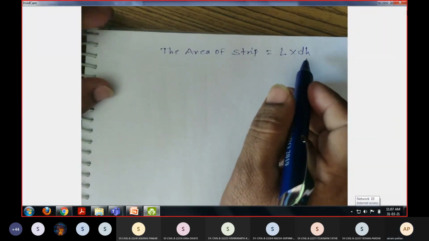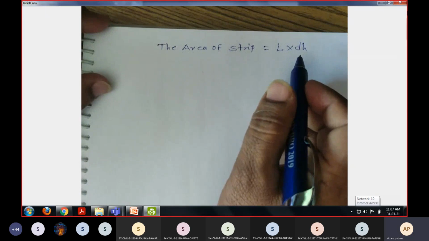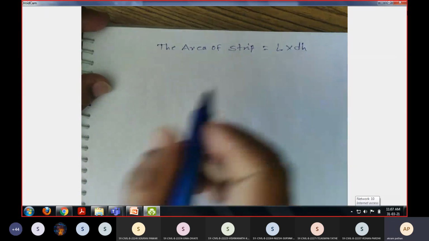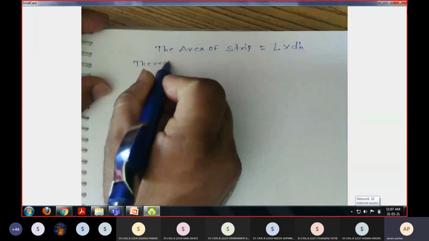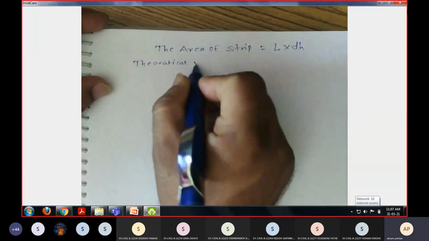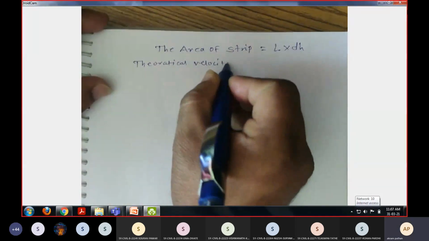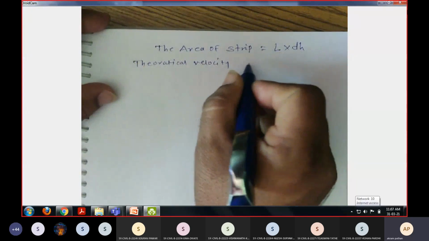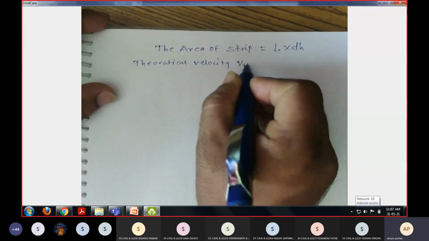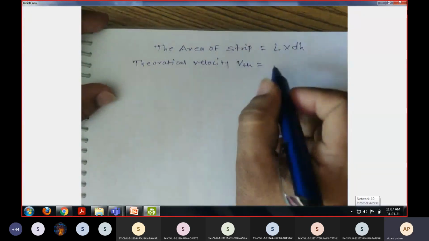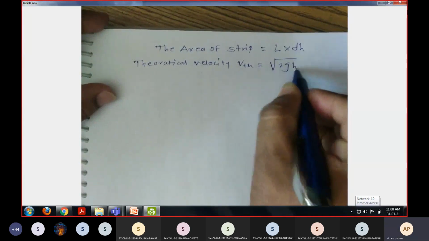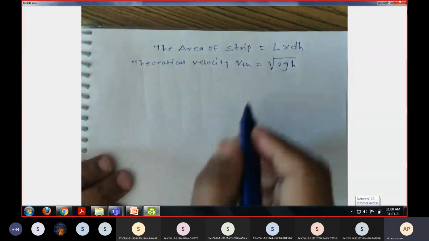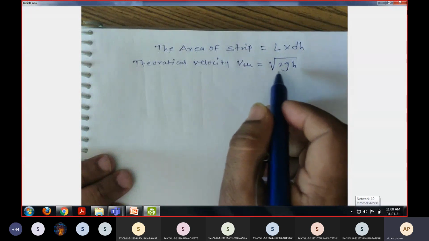Okay, then the theoretical velocity of water flowing through the strip. V theoretical is under root 2gh. हे आम्ही काढलेलं आहे करंट मीटरने theoretical velocity.